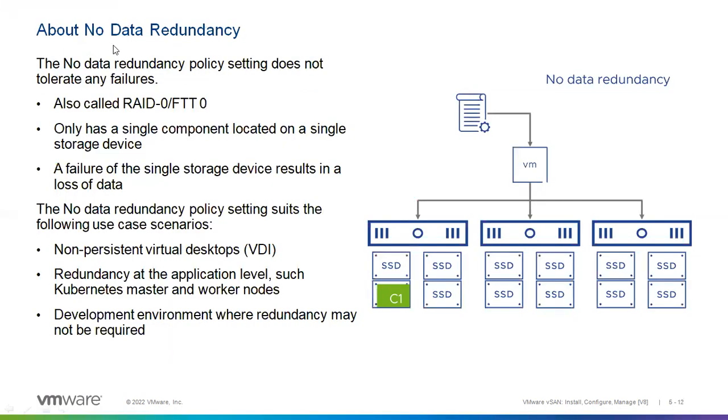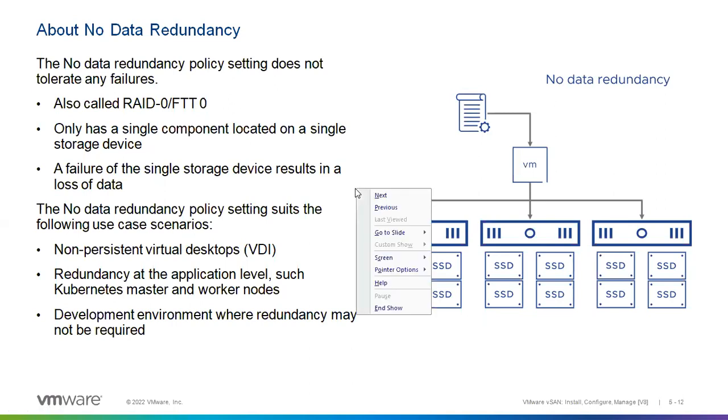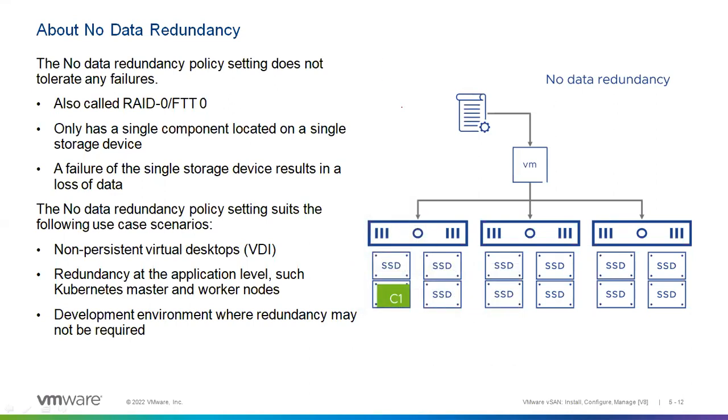So for any policy definition, I am talking about within the local data center. I'm saying I have applied a policy RAID 0, FTT 0. It means that it is just like simple data I protect in the environment.